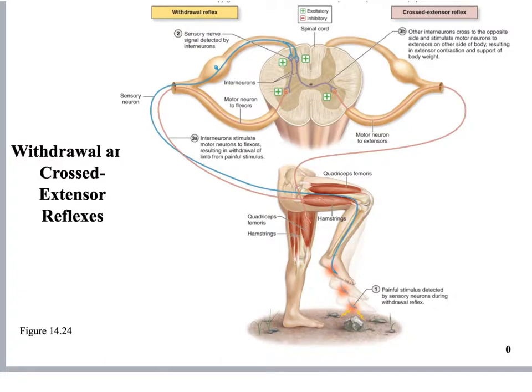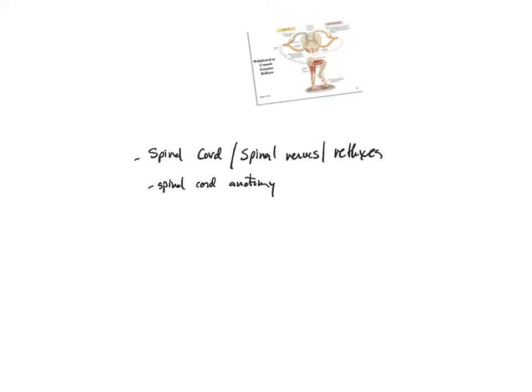So that concludes the spinal cord. From this lecture, you should know about spinal cord anatomy, spinal nerves, and even reflexes. Spinal cord anatomy means the different parts of the spinal cord, the different sections, different enlargements.